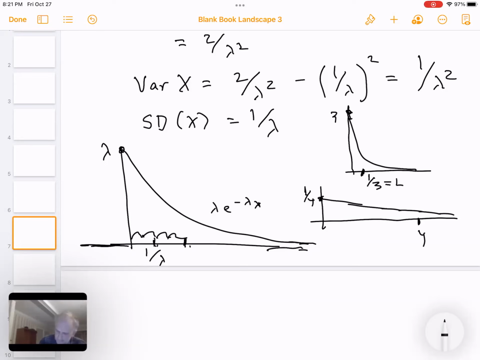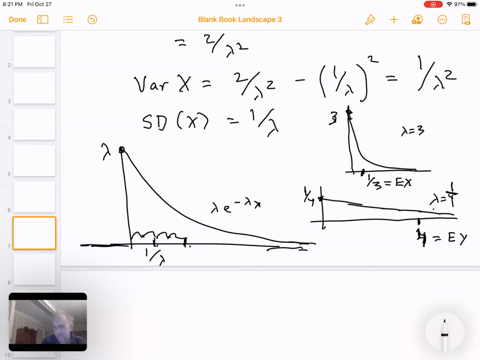So this would be E of X, and say this is now E of Y. These are just two different exponentials with different lambdas: lambda equals 3, lambda equals 4. And just the point is that when the rate is low, lambda equals 1/4.